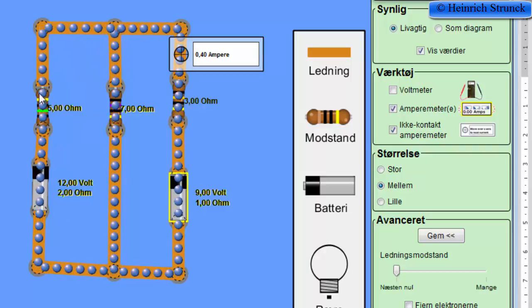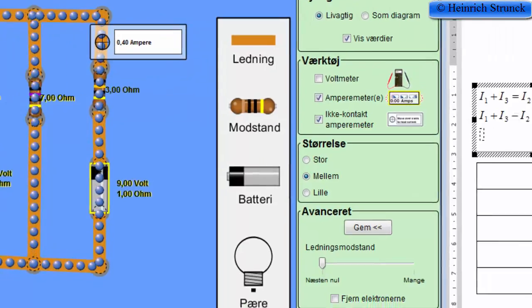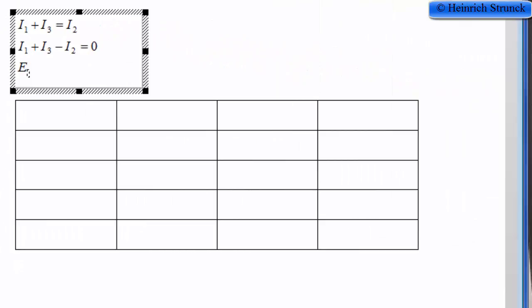So we're going to make the equation for this closed loop on the left side. We have that E1, that was the electromotive force in the closed loop, and that's equal to the voltage drop across all the resistors. First we have the internal resistor RI1, and we multiply by the current, that was I1.